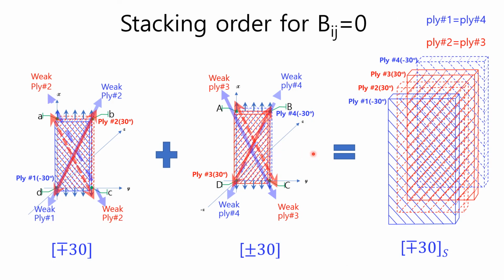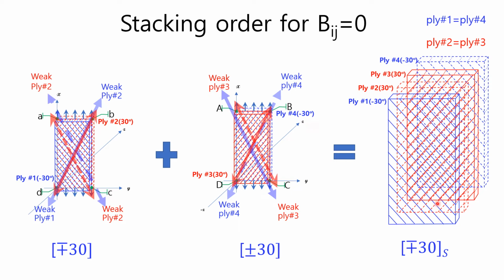This picture describes the stacking order of plies for the laminate with all the stiffness matrix elements of B equal to 0. It means there are no out-of-plane displacements. In this laminate, ply 1 is exactly the same as ply 4, and ply 2 is exactly the same as ply 3.